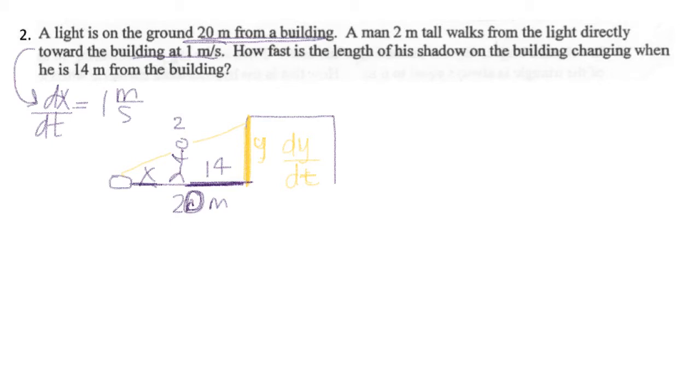So let's see. We could set up some kind of proportion here. We've got a small triangle here that we could look at. And then we also have this big triangle up here that we could look at. So we have similar triangles. So let's see again. We've got here, we know this side length here is 2. We know this entire side length is 20.